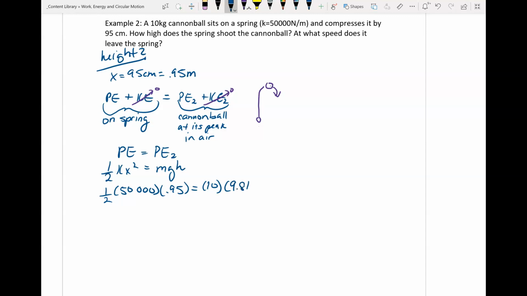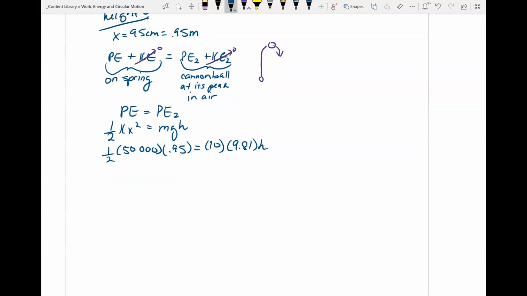Acceleration due to gravity is 9.81. We're looking for the height of the cannon. So I'm going to rearrange and solve for h. So just simplifying our left-hand side, we are going to get 22,562.5 and 98.1 on our right-hand side. Then I'm going to divide both sides by 98.1.